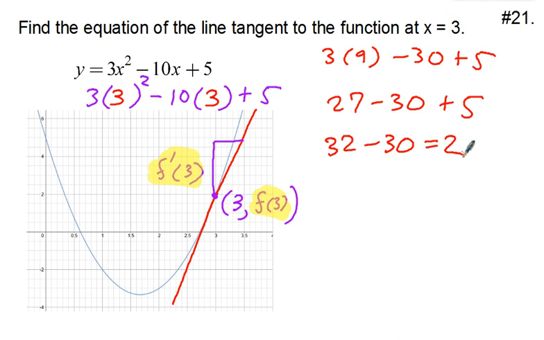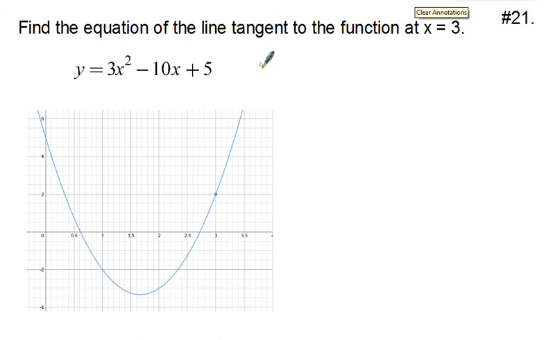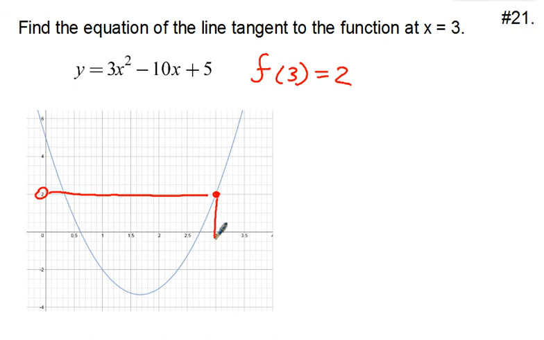So it looks like the output is 2, and let me just summarize that. We'll say f of 3 is equal to 2. All right, and that looks right as far as the picture.